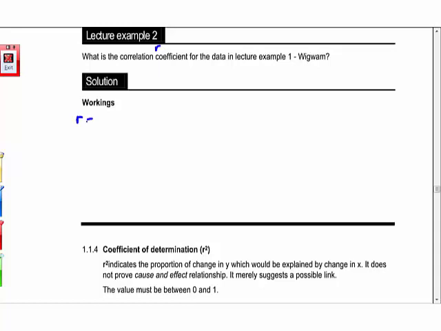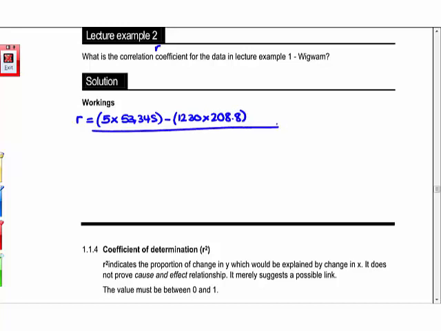So R then is equal to the number of pairs of observations times by the total of the XY column minus the total of the X column times by the total of the Y column.